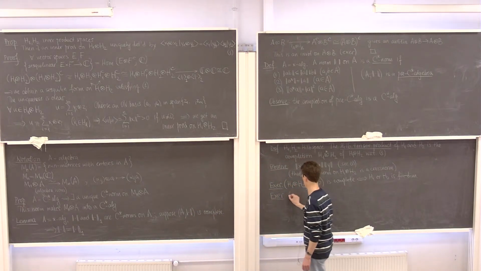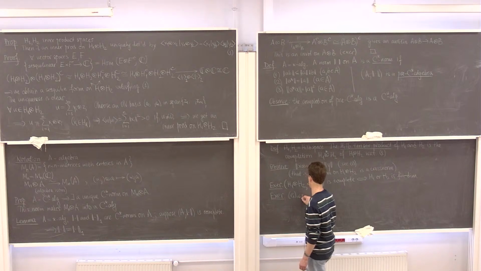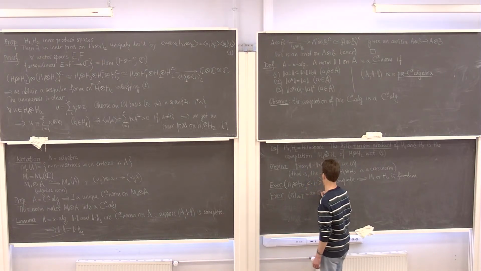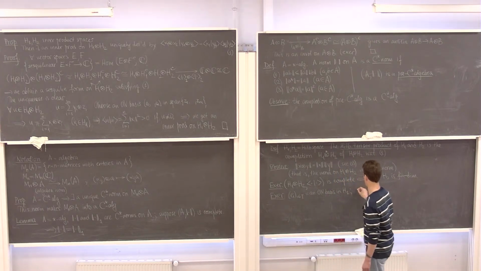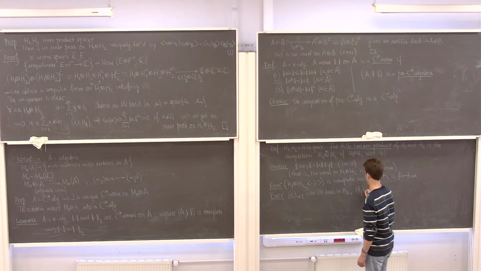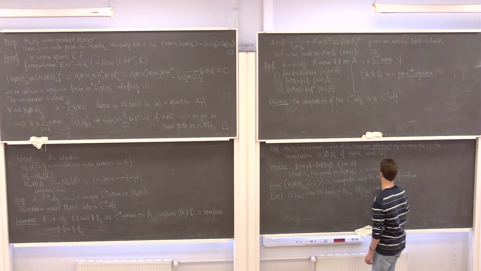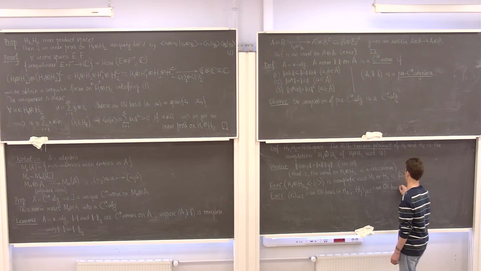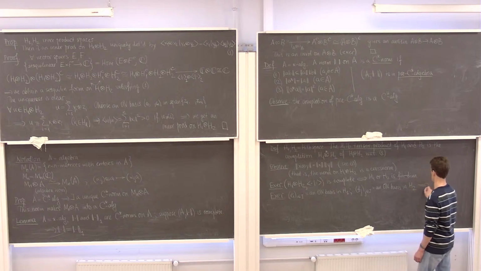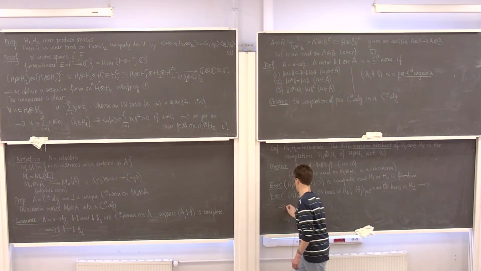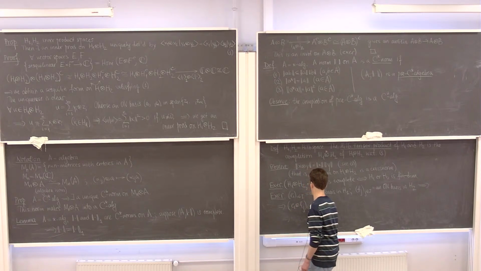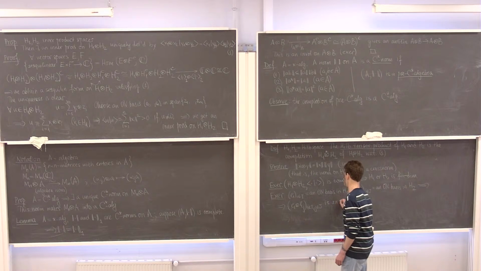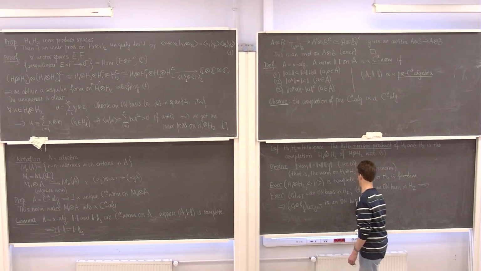If we have an orthonormal basis ei in H1, and an orthonormal basis in H2, say fj, then the collection of all elementary tensors of the form ei tensor fj over all i and j is an orthonormal basis in the Hilbert tensor product.